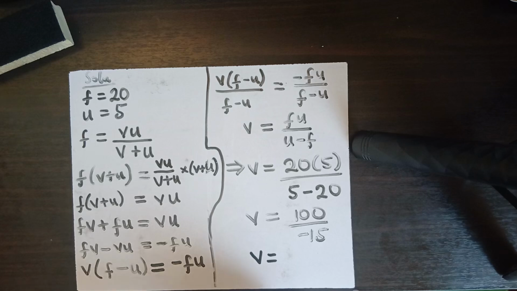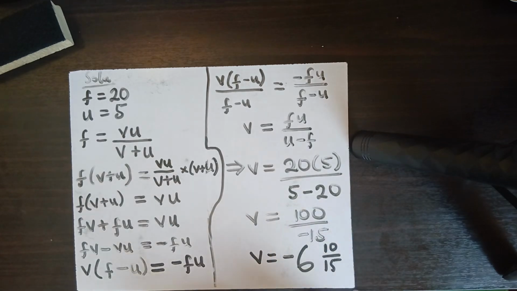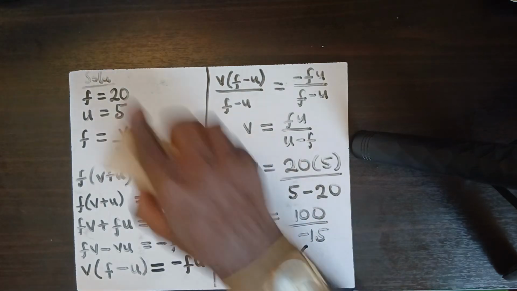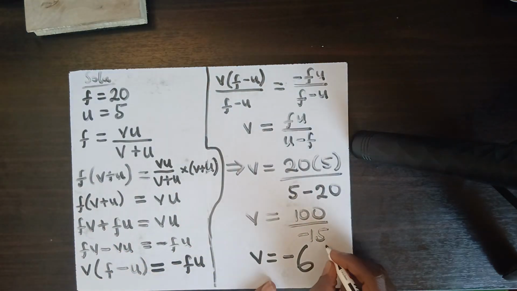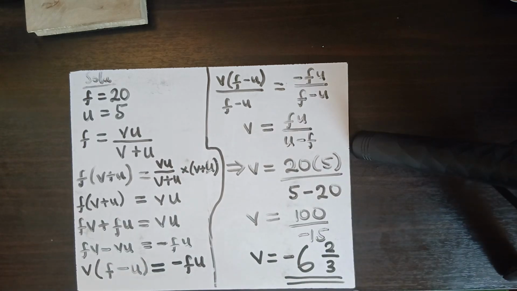So it means we have negative 6 whole number 10 over 15, or negative 6 whole number 2 over 3. So that is the value for our V.